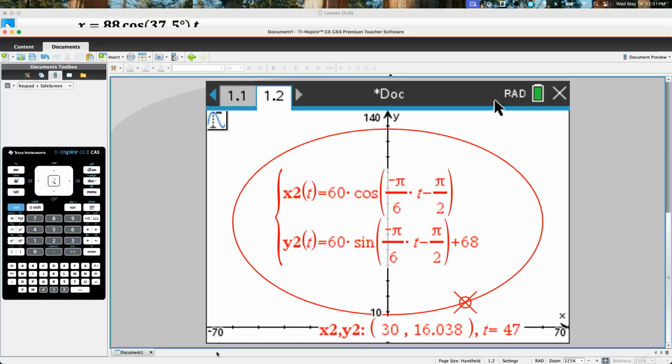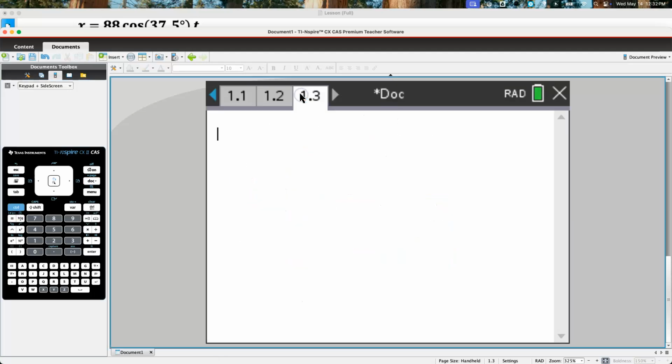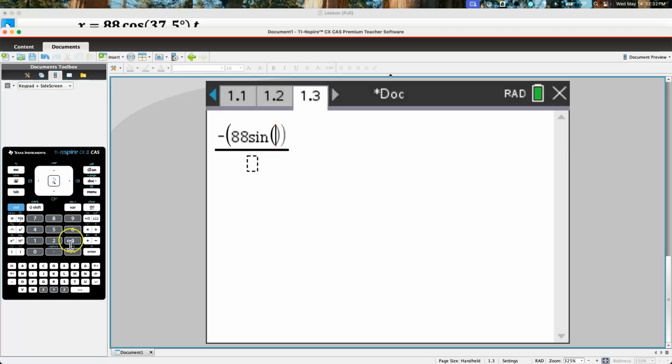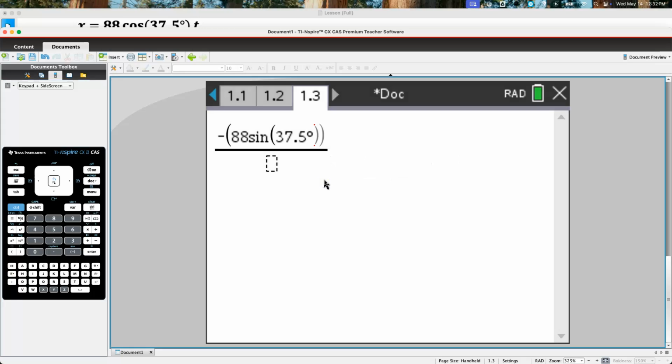Alright? Here we go. We're going to start ourselves a calculator. It's a fraction, so I'm going to make it be a fraction. Control divide makes it be a fraction. Negative of 88 sine of 37.5 degrees, close.